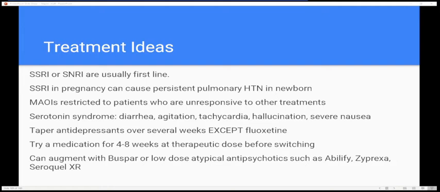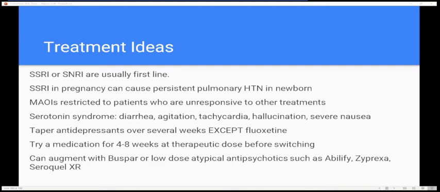All of these can interact, but MAOIs interact more so. So if they're on an SSRI, you probably don't want to add an MAOI. You really don't want to be doubling up on a class. You don't want to give them two SSRIs, for example, because that can cause serotonin syndrome.